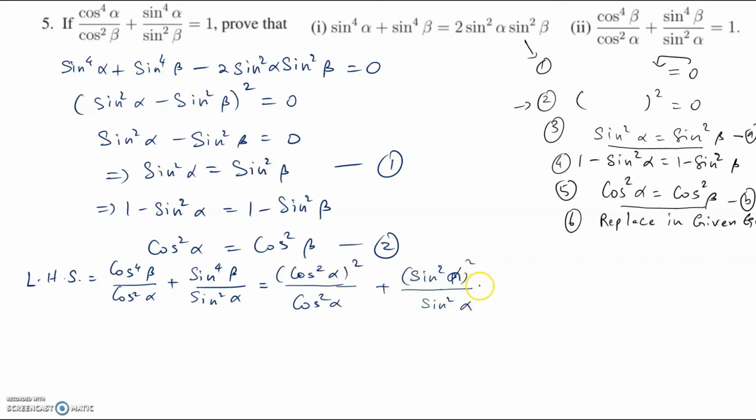We can further simplify this as cos squared alpha plus sin squared alpha, which is equal to 1. Therefore, LHS equals RHS.